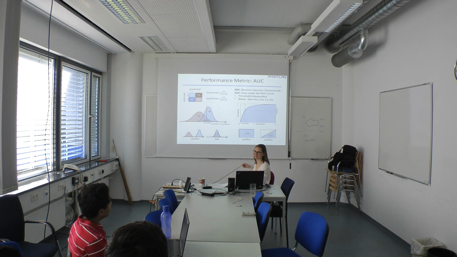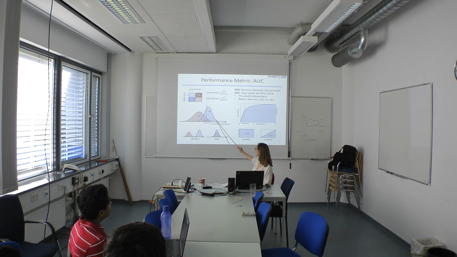And what is the specificity and sensitivity? The true positives divided... So the TP, I'm guessing, is the area? This is the number of true positives. Just the number, okay.